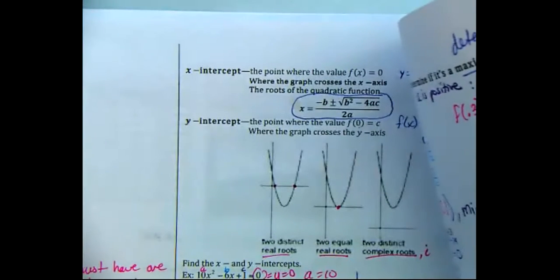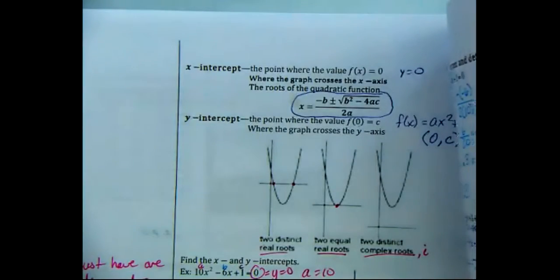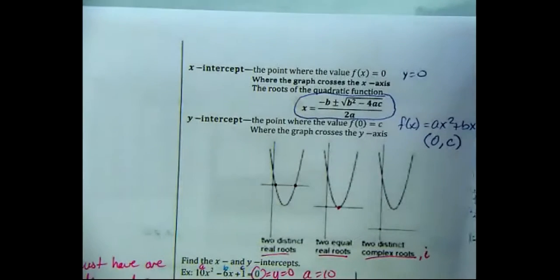Okay, and then I have 36a plus 6b plus c is equal to 527. Okay, and then I have 100a plus 10b plus c is equal to 370.